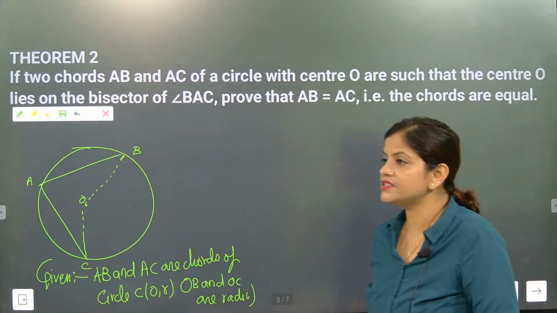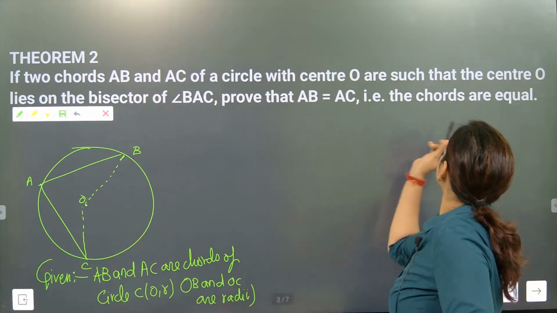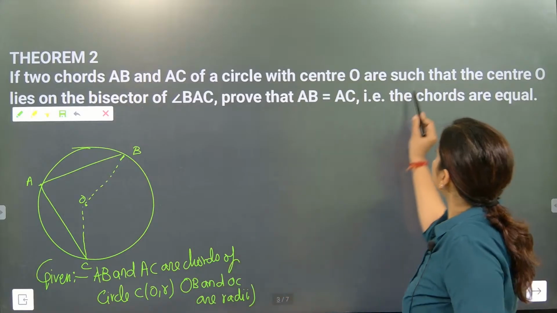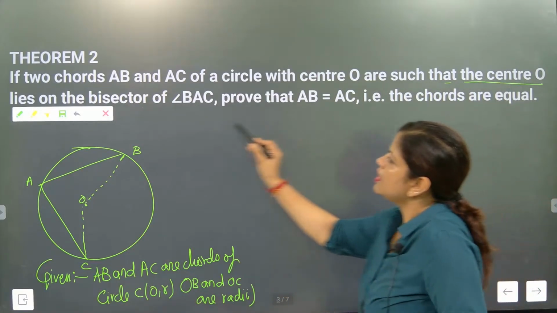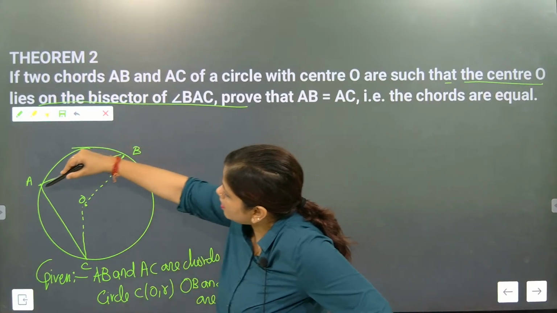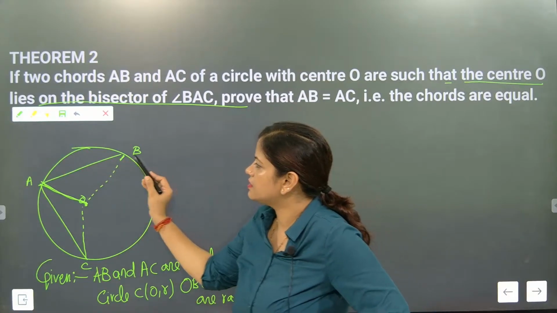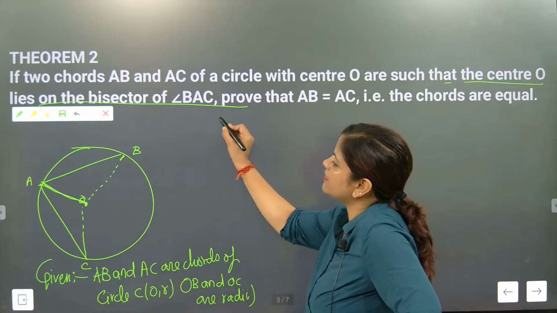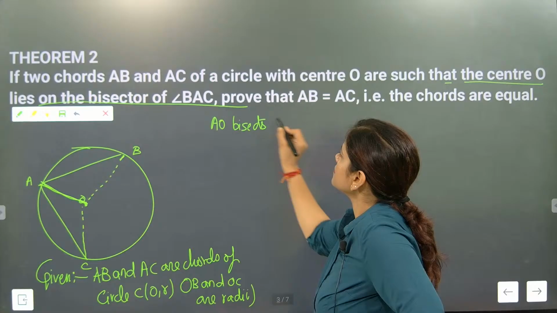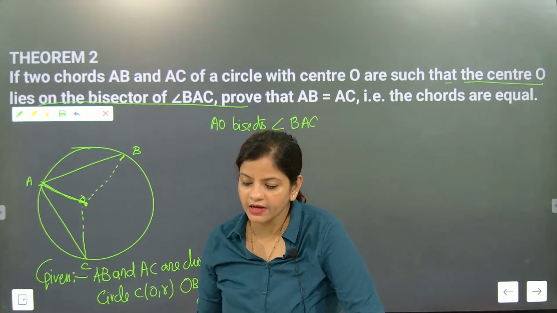Got it? Now we have to do what is given. They are telling us that the center O lies on the bisector of angle BAC. That means AO bisects angle BAC.